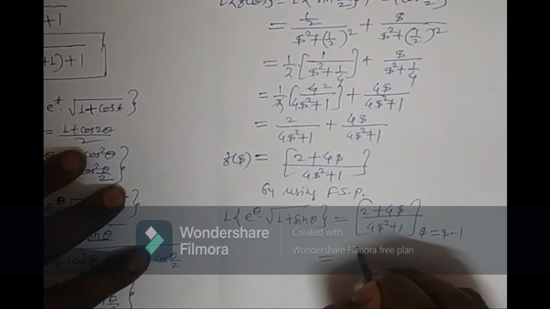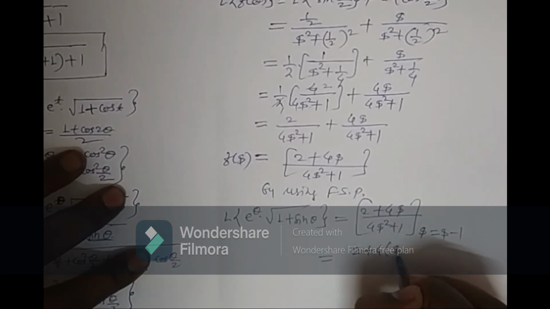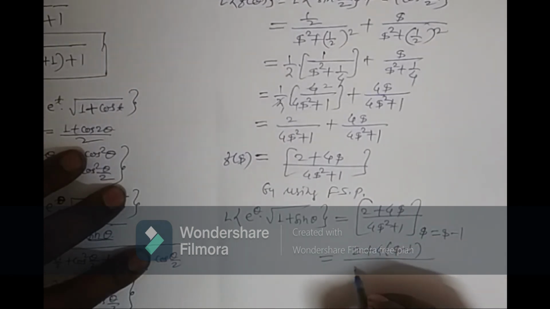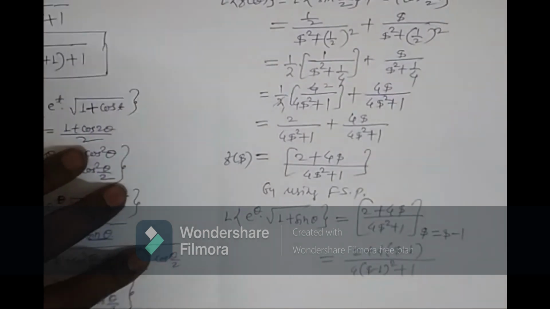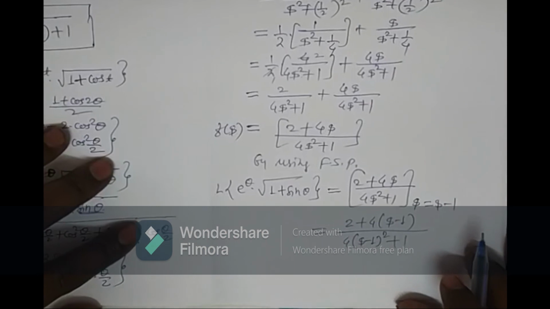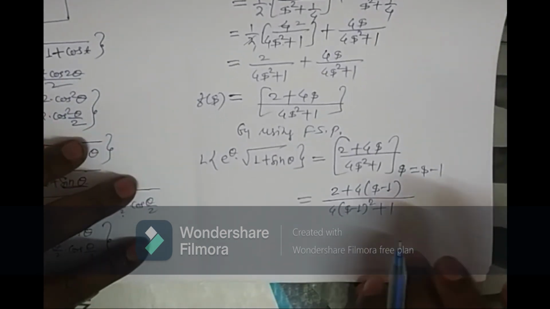So just put that value: 2 plus 4 in brackets s minus 1, upon 4 in brackets s minus 1 whole square plus 1. This is the final answer, or we can simplify this further also.